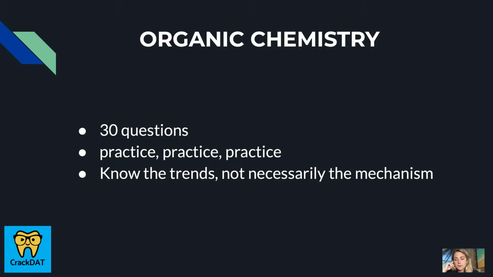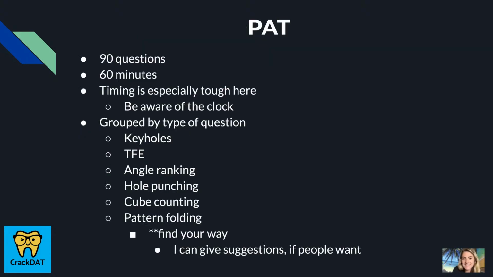And that was ultimately more successful for me on the actual test day because it saved me time and I wasn't wasting my paper drawing things out. But again, that's ultimately just practice, knowing the trends. There are a lot of good resources out there for Orgo on how to quickly identify trends and how to tackle them.